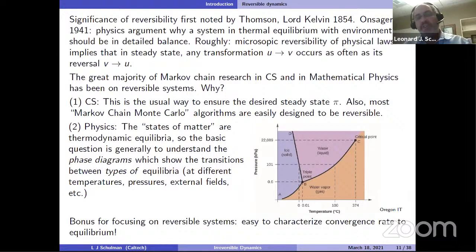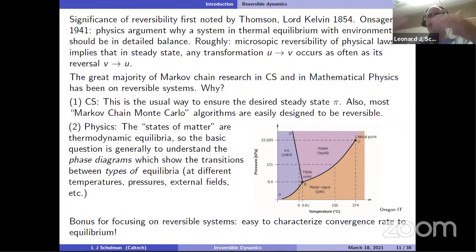In computer science, we have a really good reason, which is the reason I already mentioned before: this gives us a magic formula for ensuring the steady state pi that we're looking for. How do you actually guarantee that you're running a Markov chain on an exponentially large space? That's always the interesting situation. It's an exponentially large space, all possible configurations of your system, so it's always exponential in how many bits you have to write down.